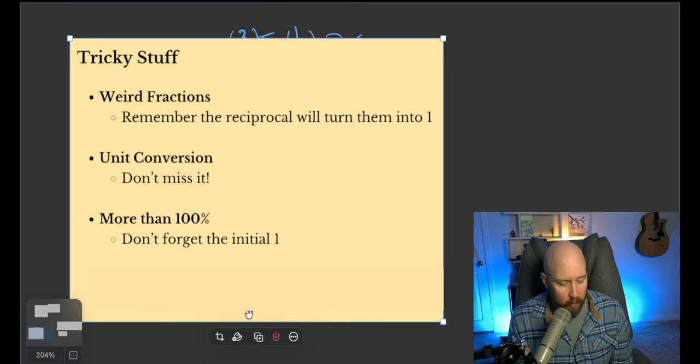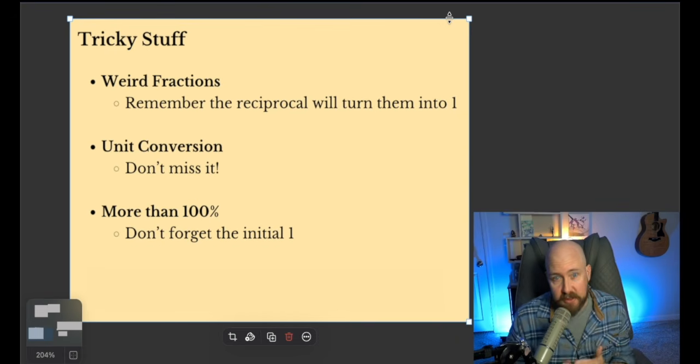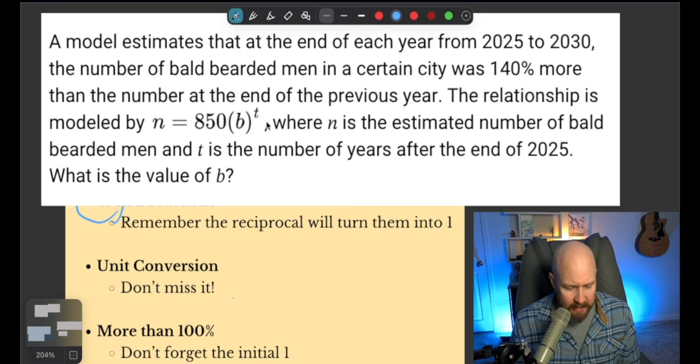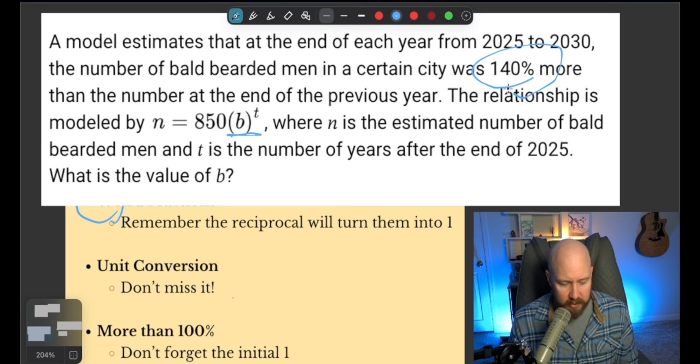And then one thing that I want you to look out for is more than 100%. Basically, if you're increasing by more than 100%, you don't want to forget the initial 1. If we were looking at this question, for example, it's asking us the value of b, and it says that we want to have an increase of 140%.